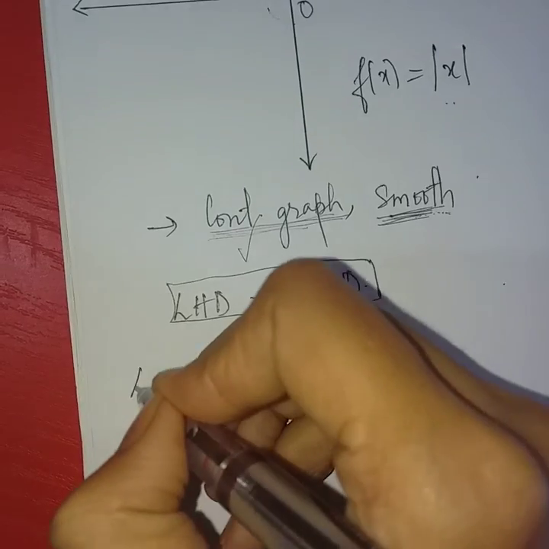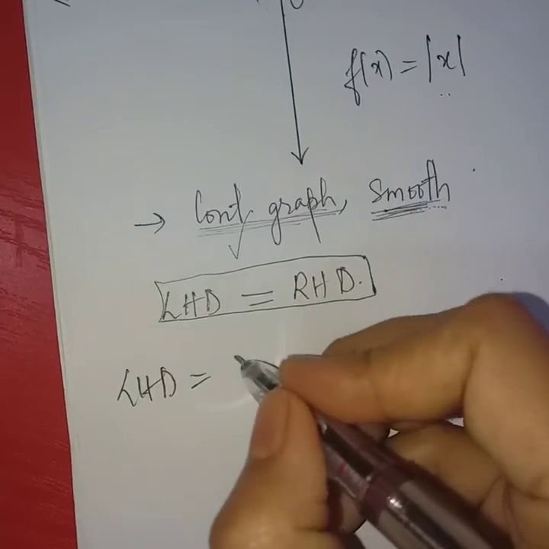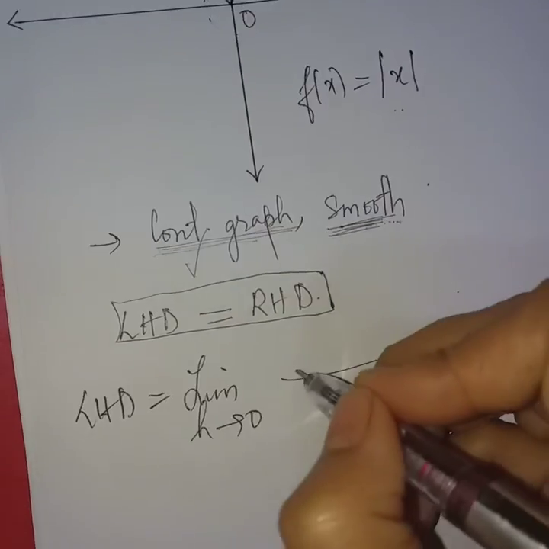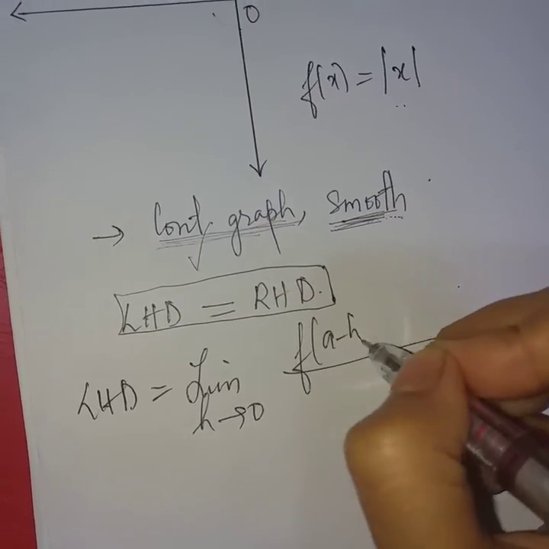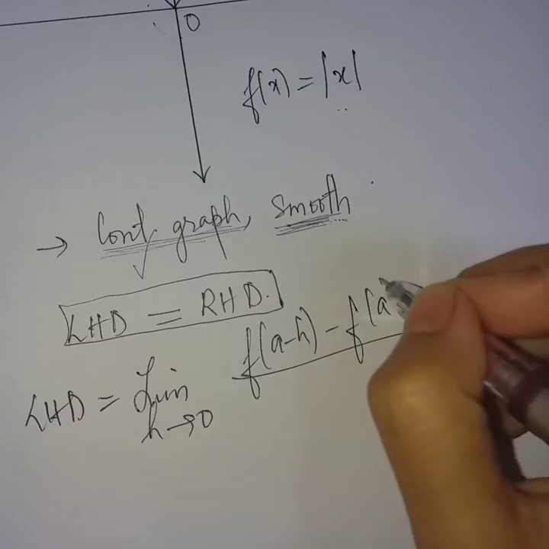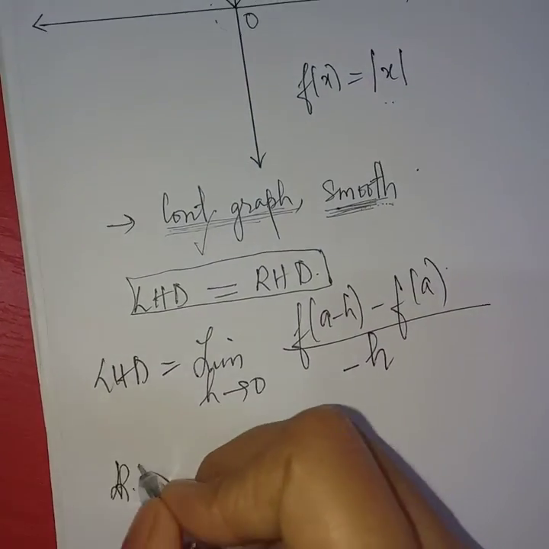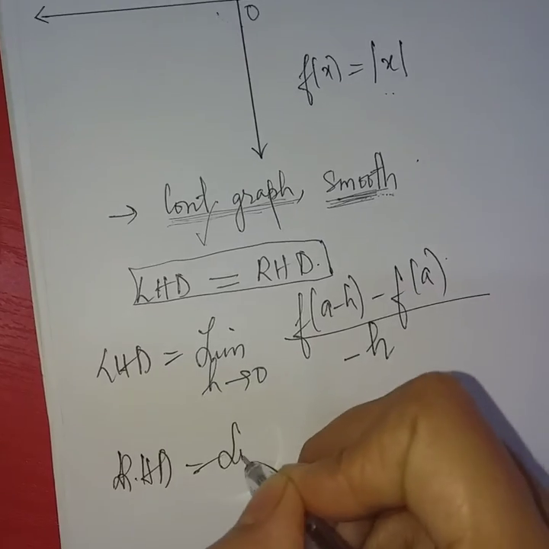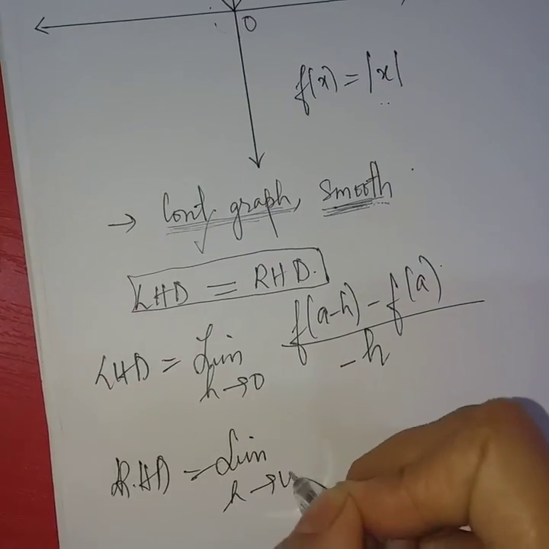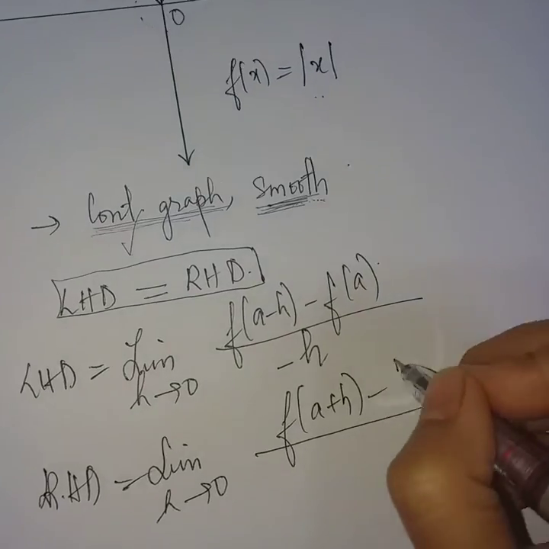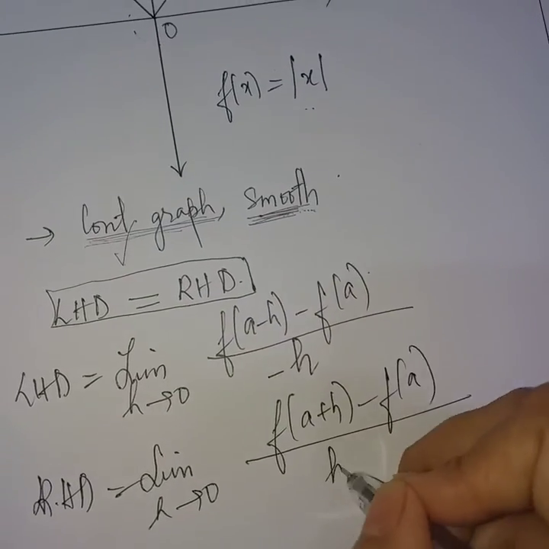So we write the left hand derivative equal to limit of h tends to 0 of f of A minus h minus f of A divided by minus h, and the right hand derivative is limit of h tends to 0 of f of A plus h minus f of A divided by h.